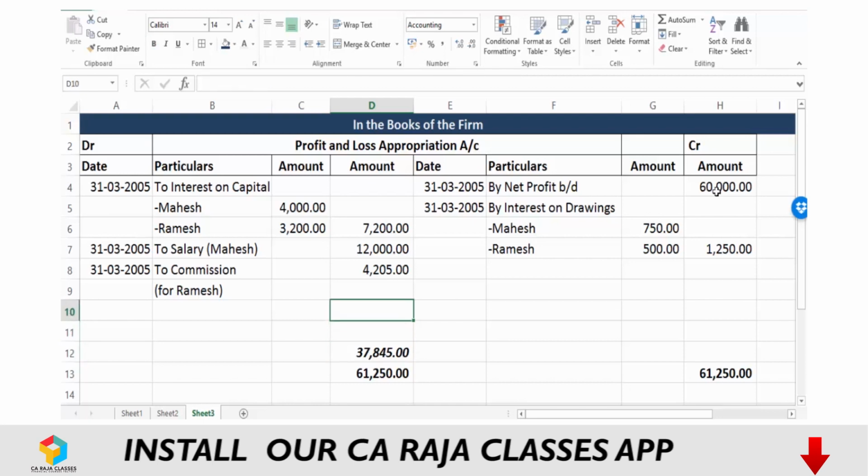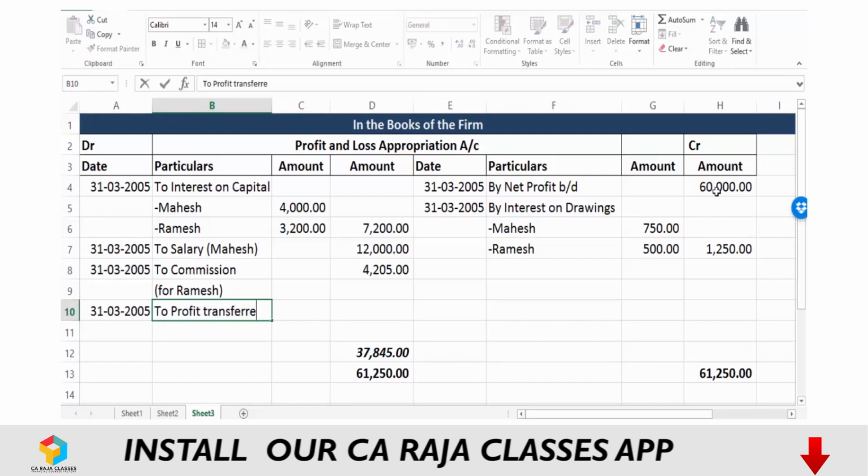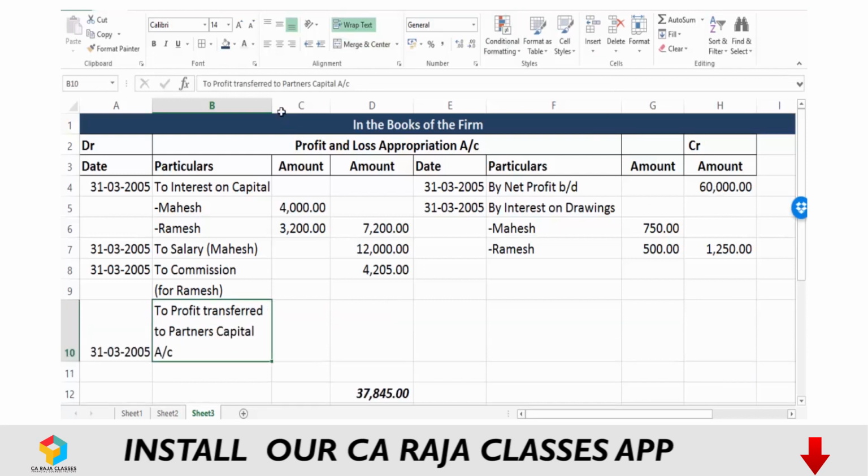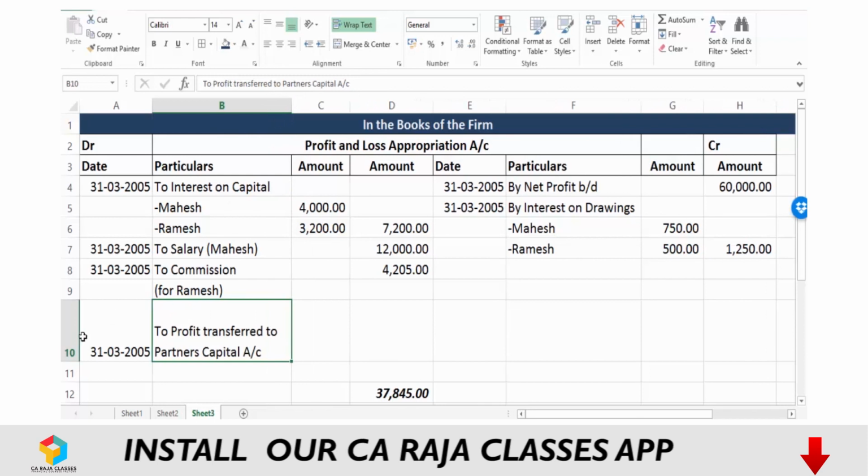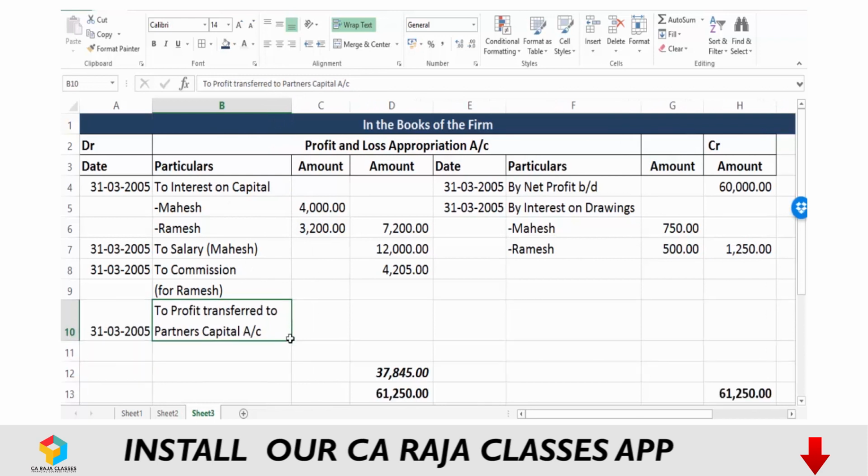So what I'm going to do now is distribute this in the profit sharing ratio. I'll pick up this date and say to profit transferred to partners' capital account. Who are my partners? One is Mr. Mahesh, the other one is Ramesh. And what is the profit sharing ratio?